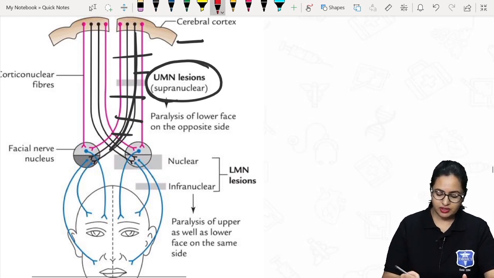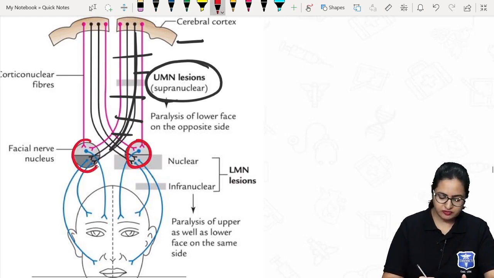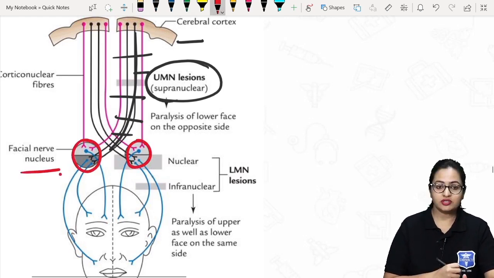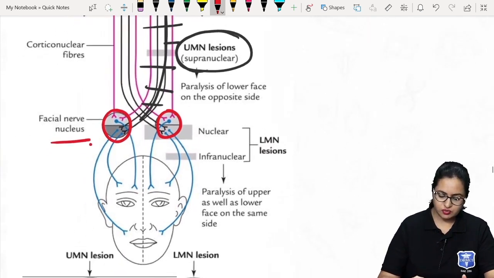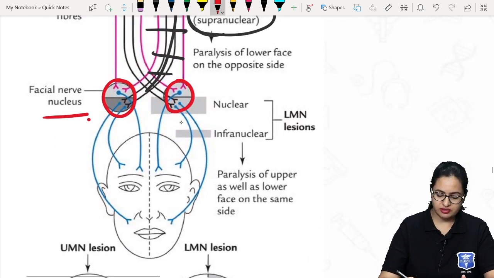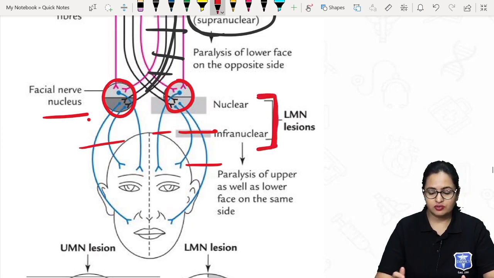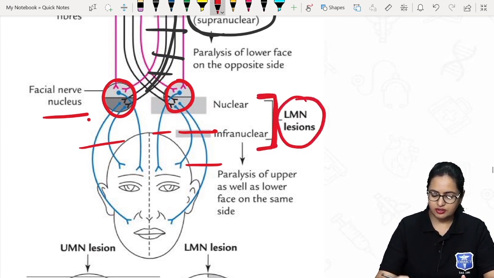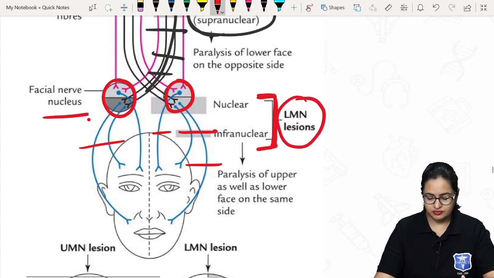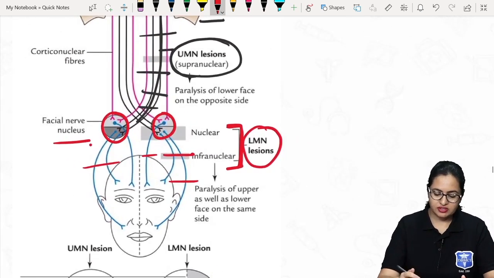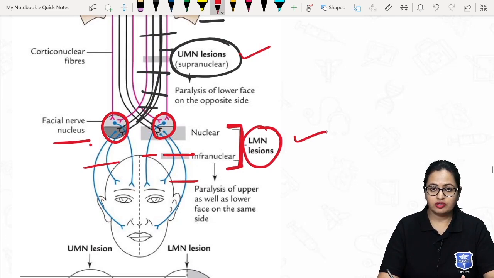In contrast, any lesion in the nucleus of the facial nerve, and the fibers below it, that is infranuclear fibers, anywhere here, so these lesions at the nuclear or the infranuclear level are given the term lower motor neuron lesion. So we have defined upper motor neuron and lower motor neuron lesions.